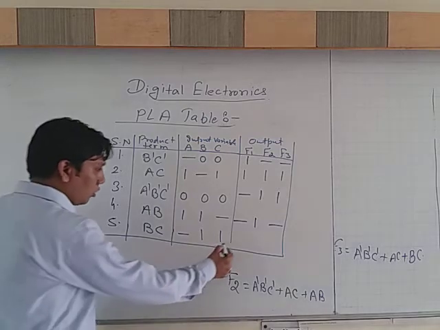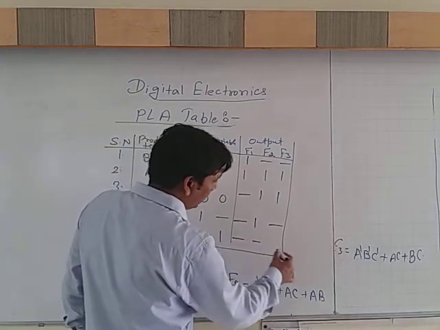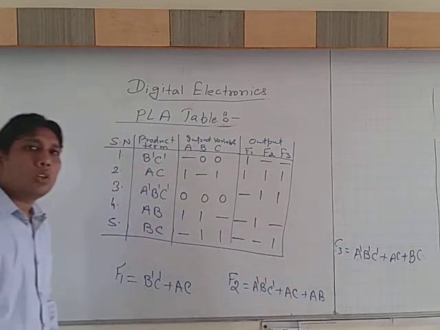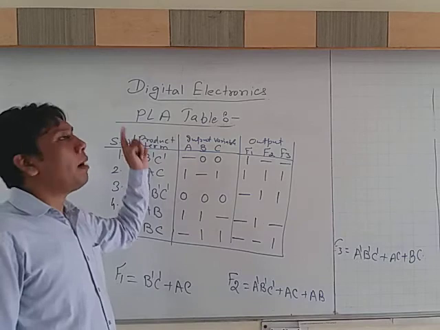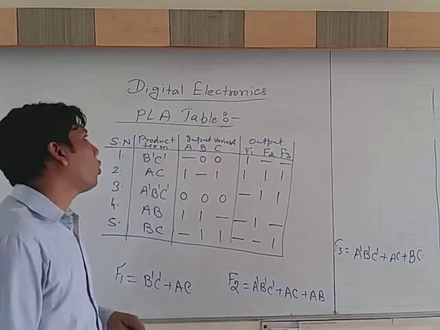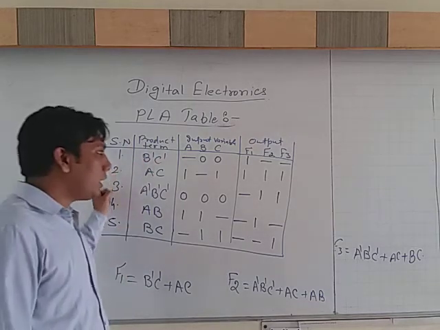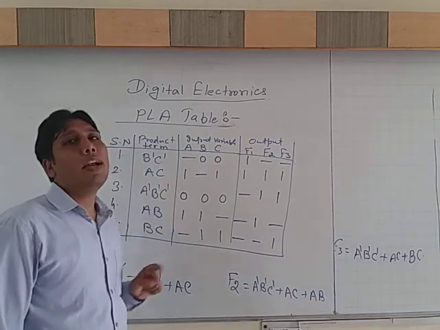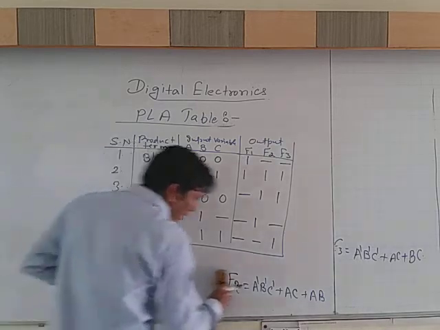BC is not used in F1, it is not in F2, it is available only in F3. So in this way we can design a programmable table of PLA. This is the structure of programmable logic array table. With the help of this table we can draw the circuit of PLA.